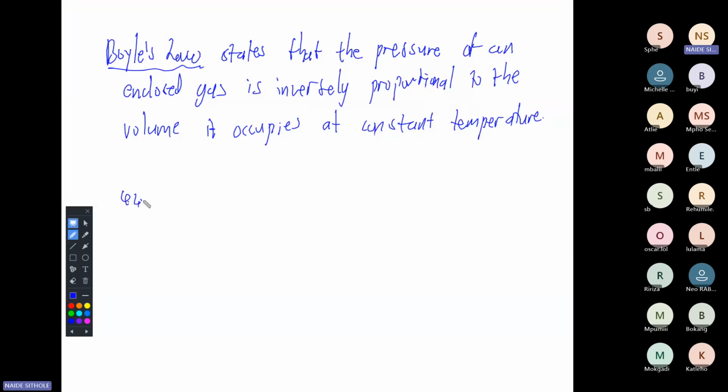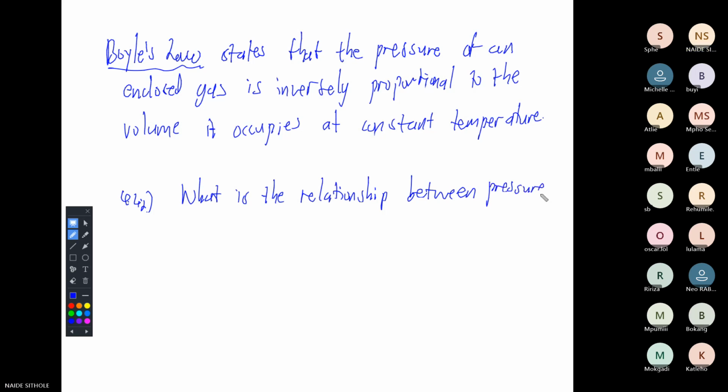So 4.4.2, what is the relationship between pressure of an enclosed gas and the volume?